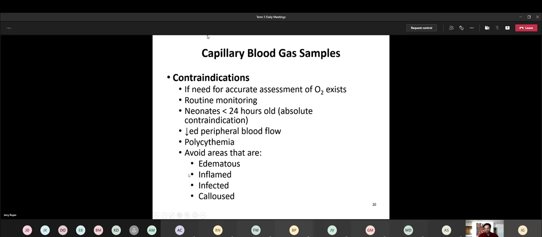So decreased peripheral blood flow just means that you'll probably end up having to squeeze down on the heel to get the blood to start to flow, and that's not going to work out. Now, polycythemia is going to affect blood flow, and the blood is going to probably clot very quickly, even before it has a chance to get pulled into your capillary tube in some cases, or once it does get inside your capillary tube, it'll start to clot very quickly.